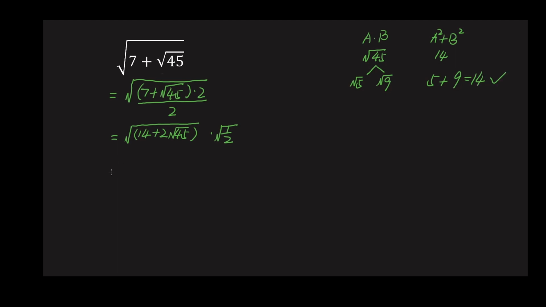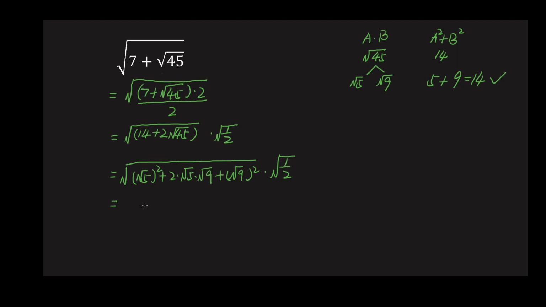So we can rewrite it as the square root of (square root 5) squared plus 2 square root 5 times square root 9 plus (square root 9) squared, times square root 1 over 2.